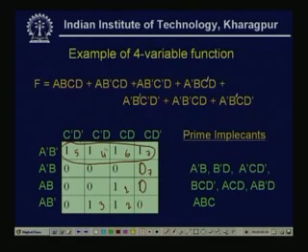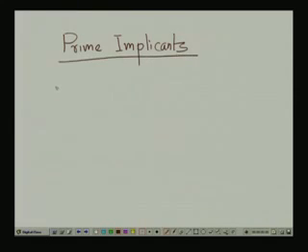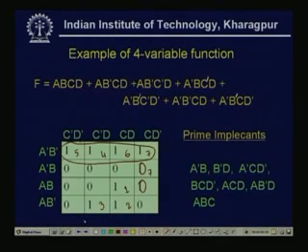So for this the prime implicant is, if I write the prime implicants, so for the one is that A bar, B bar, because this is nothing but the first row.